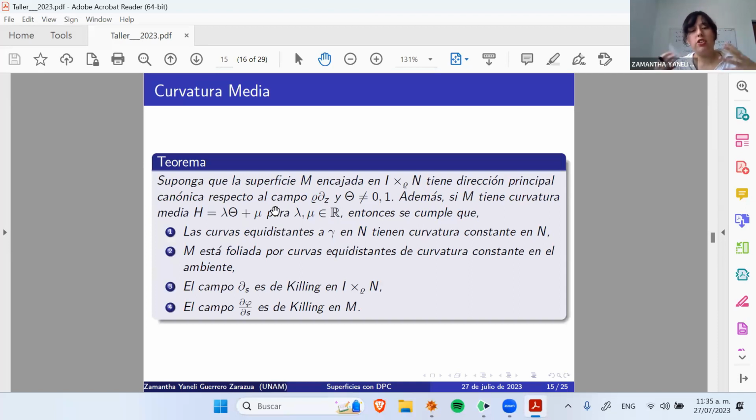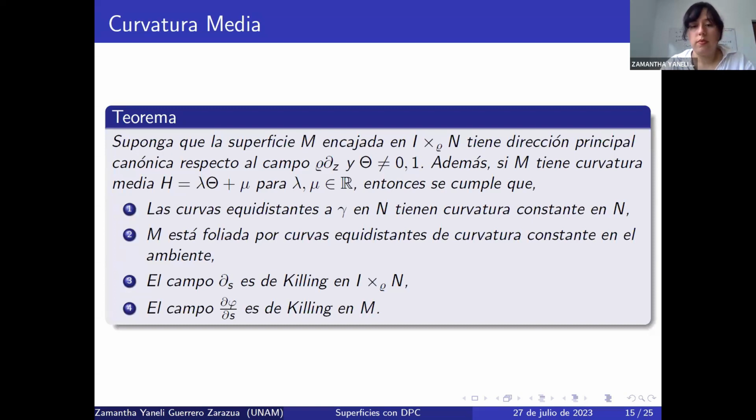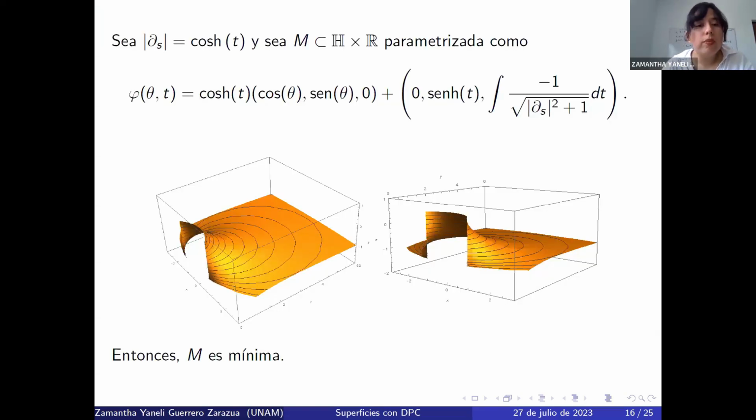Now, this is in a general sense, when we're working in an arbitrary warped product. So let's see what we have if we focus on specific spaces. Here we have an example where we're working in hyperbolic space cross R, and we're beginning with a geodesic.